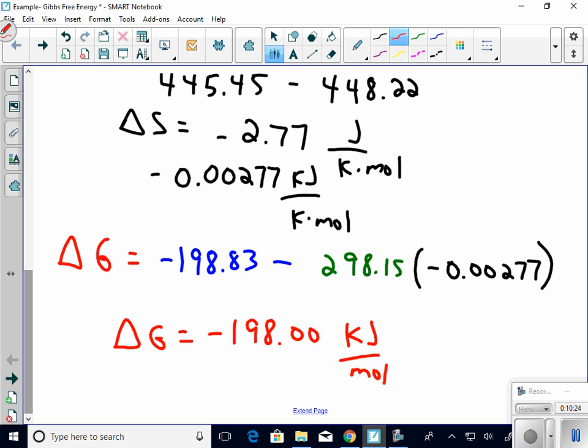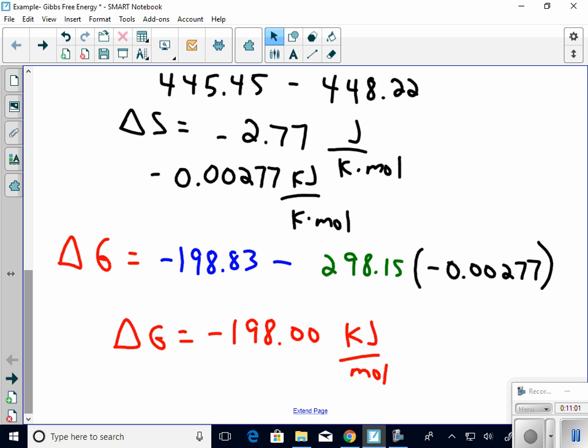Now, once again, that problem took me a little under 10 minutes to work. This is a longer type of problem, but you are going to need to be able to calculate it, because certain times you'll find it easier to calculate using the second method, which is just Gibbs free energy products minus reactants, because we have a delta G column on our data table.